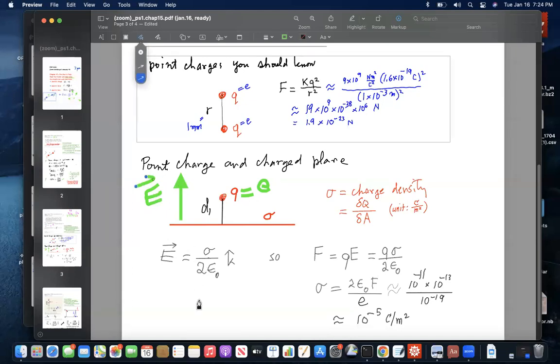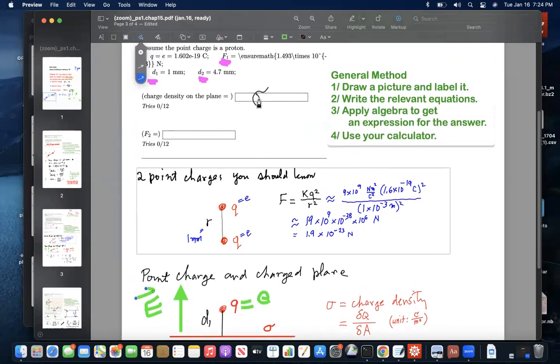And it has a magnitude, which is sigma over 2 epsilon 0 by one of the equations in the book. So when you were reading the textbook, you should have written down that equation. Now the force is Q times the electric field, so the force is Q times sigma divided by 2 epsilon 0.